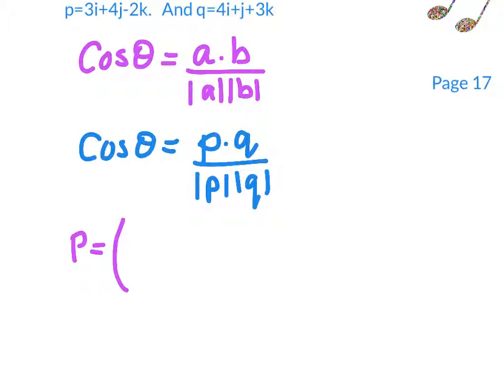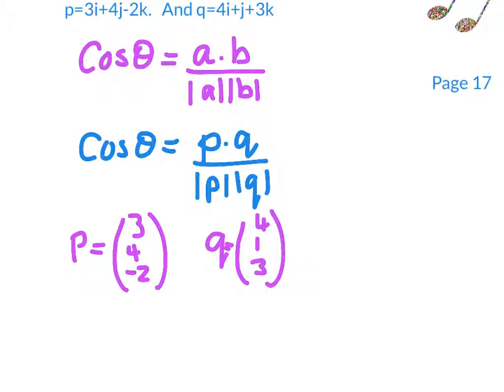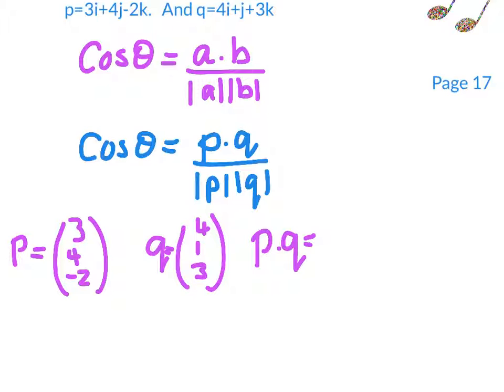So to get P dot Q, I'm going to put both P and Q in component form. And I'm going to work out P dot Q by multiplying the corresponding components.